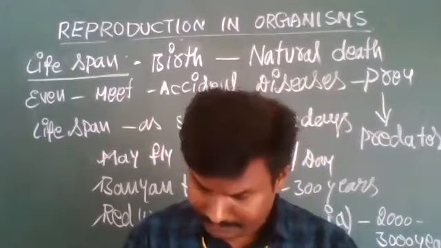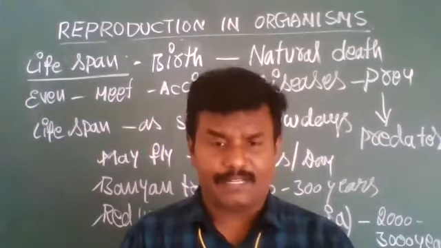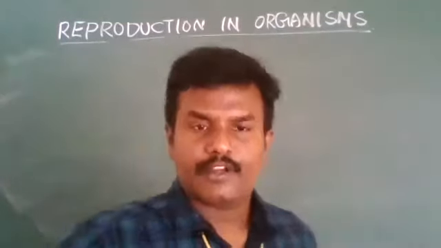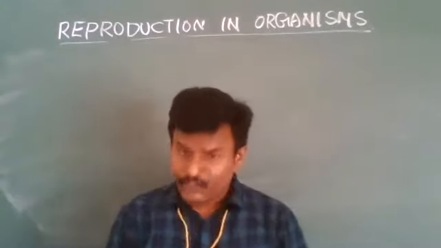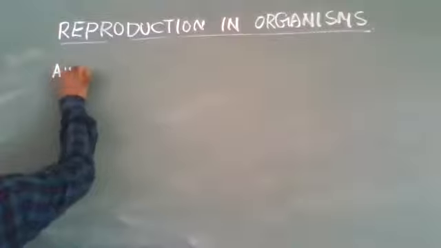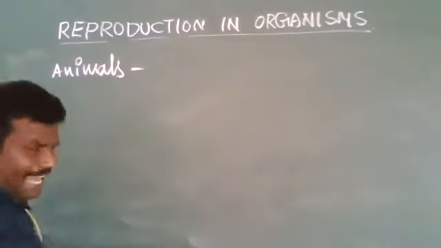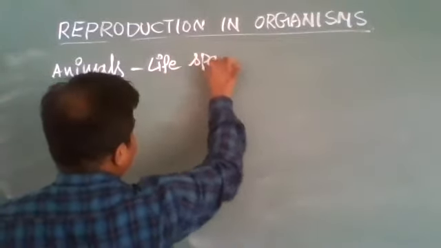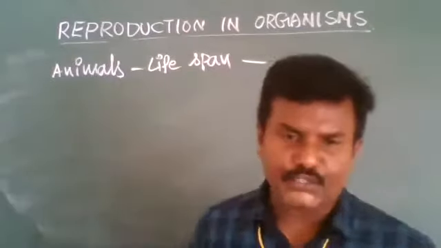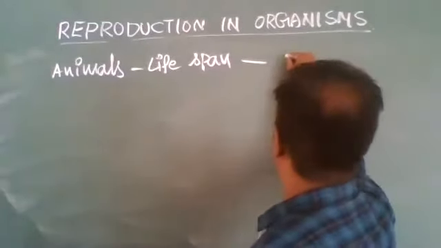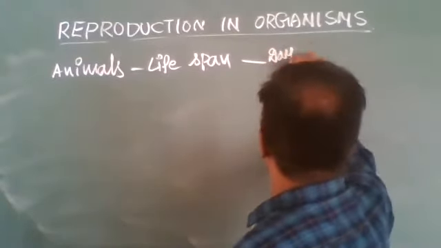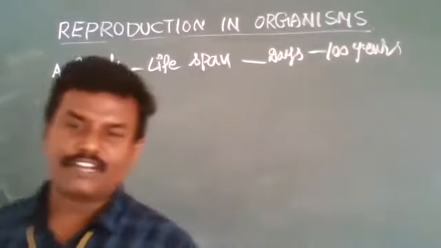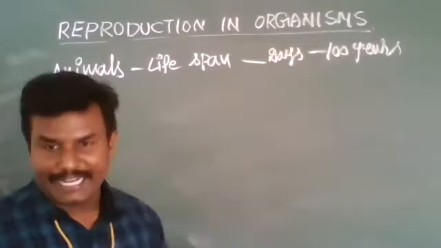Most of the plants and animals. First of all, we will see the animals. For most animals, the lifespan ranges from a few days to 100 years.